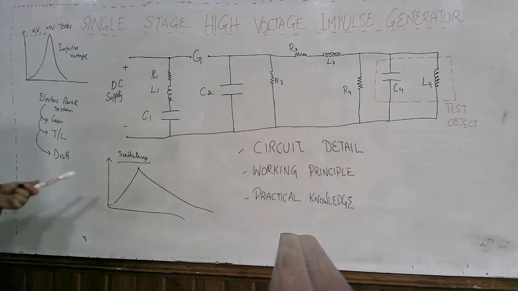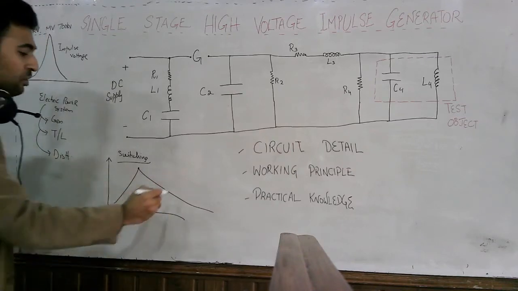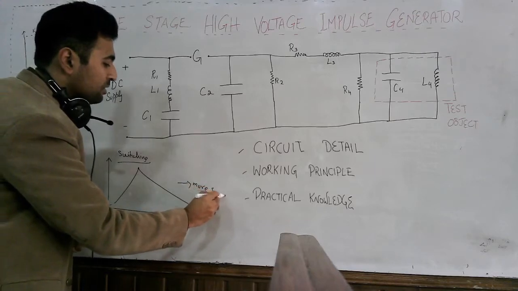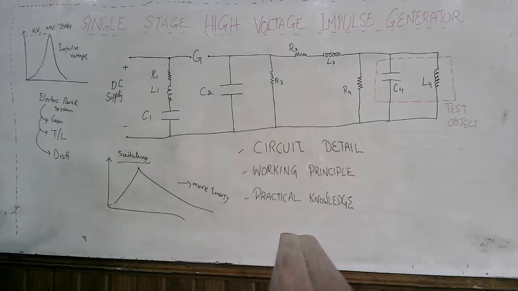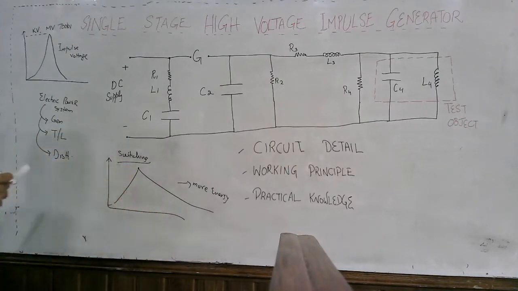So the switching impulse voltage contains more area under the curve. It means that the switching impulse voltage has more energy in it, and the more the energy, the more the insulator should be able to sustain such an abnormal rise in the voltage.